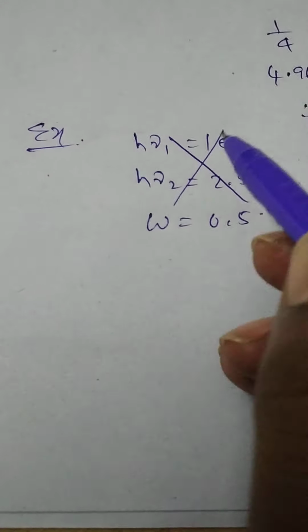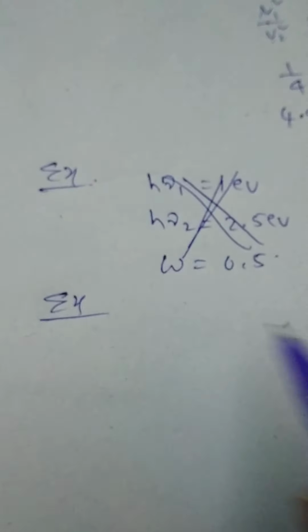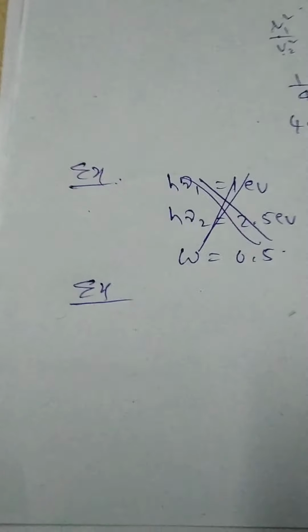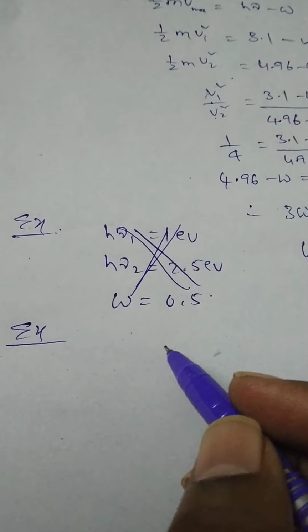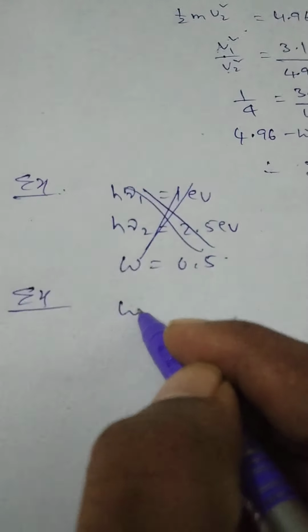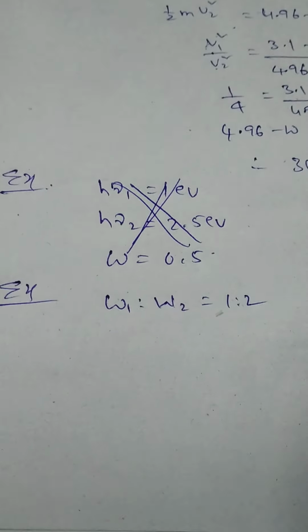Right, my dear students, it is the repeated problem, and one more example is there. Very simple problems. Work function of the metals A and B are in the ratio W1 is to W2 is equal to 1 is to 2.